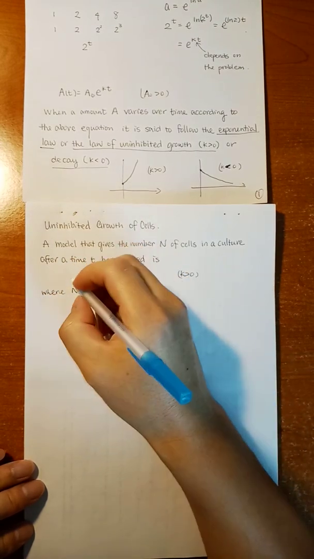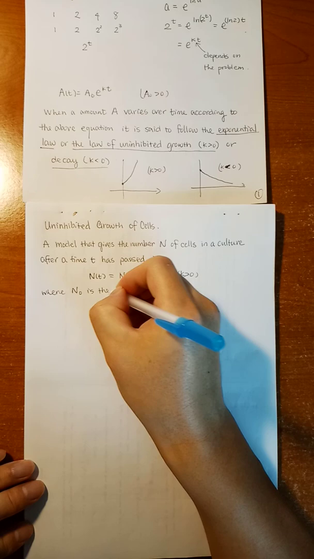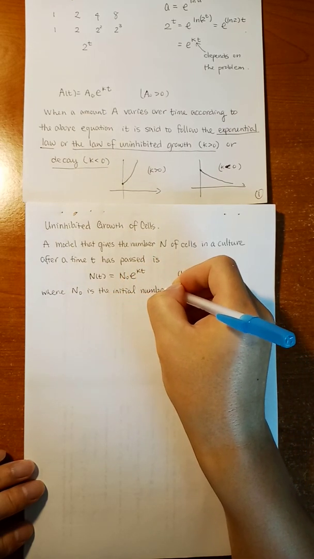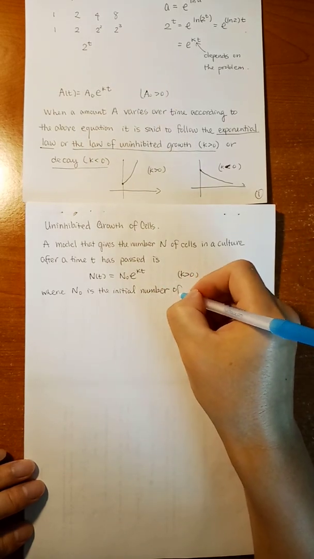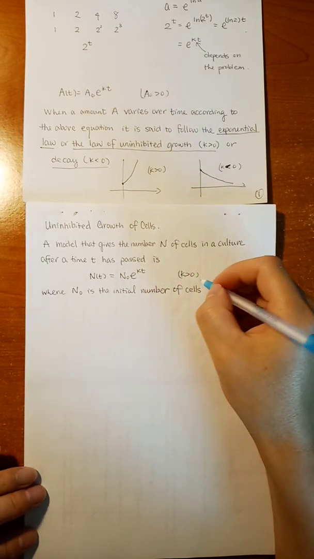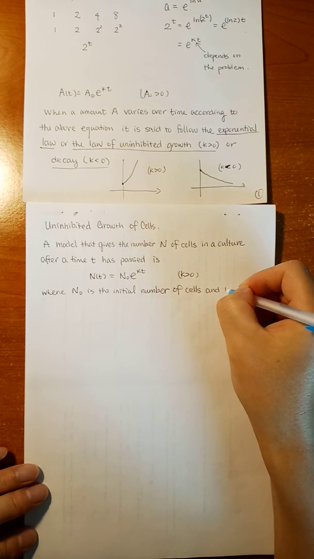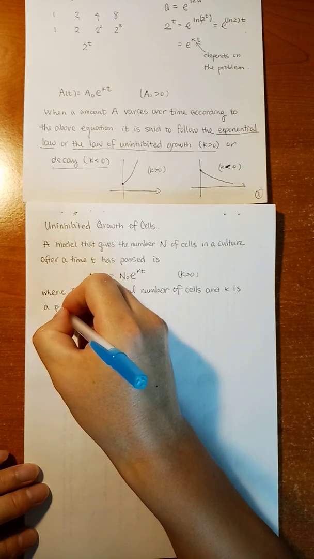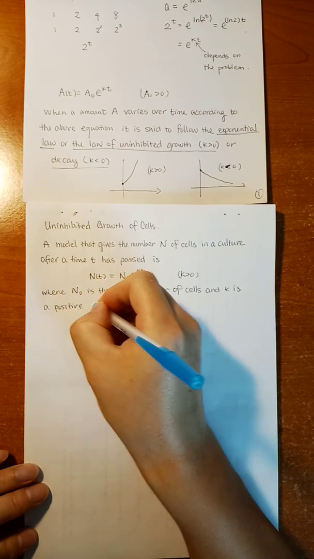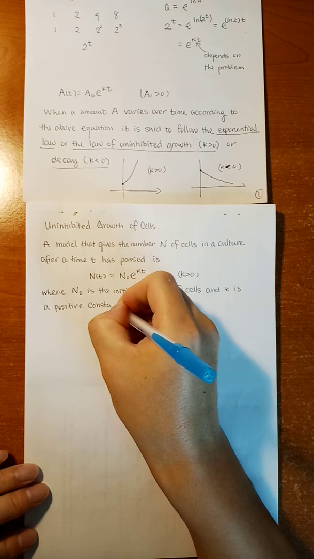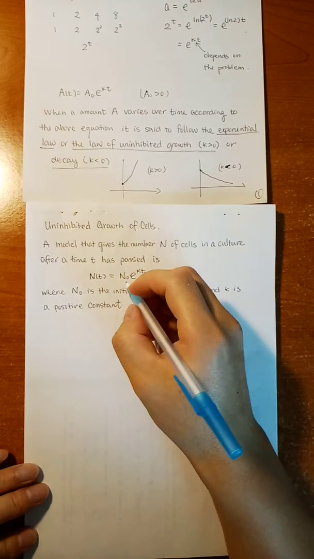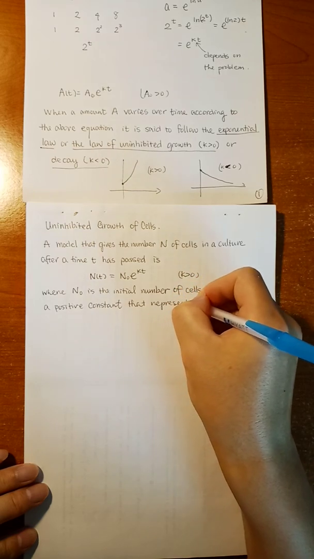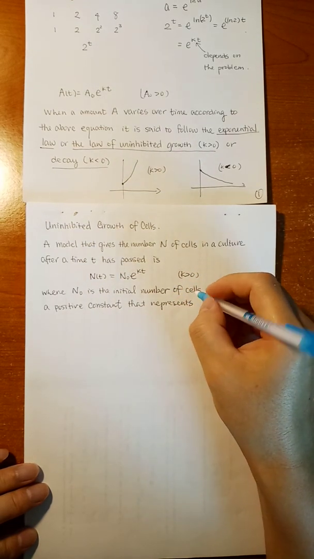n sub 0 is the initial number of cells, and k is a positive constant that represents the growth rate of the cell.